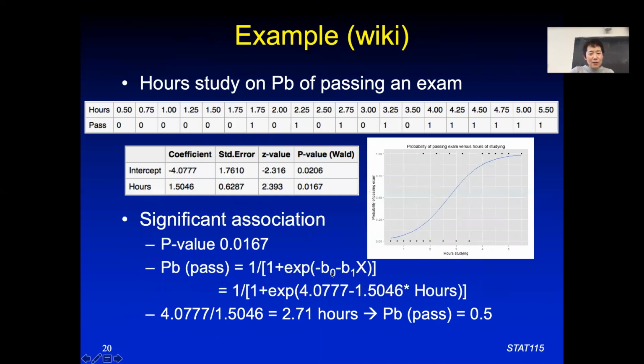So how do you get this function to be 0? You plug in the intercept and the slope, and then you will get that if a student studies about 2.71 hours, they have a 50-50 chance of passing the exam. And you can look at this, this should be exactly 2.71 hours.